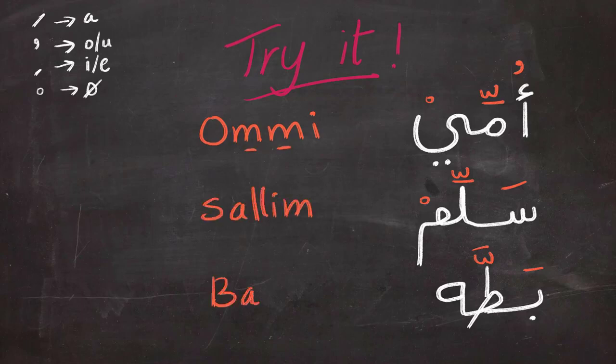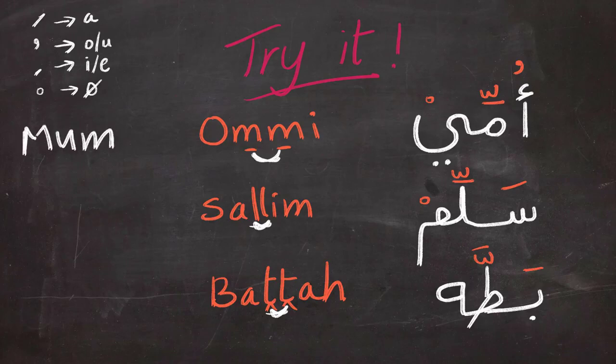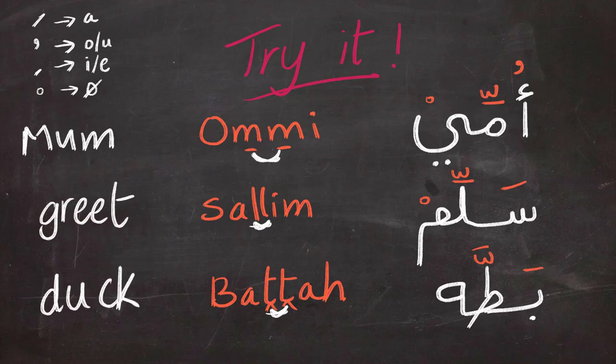The third word is Batta. You can see the doubling in each of these words, and you can see this also in the spelling in English. Ummi means mom, Sallim means greet, and Batta means duck.